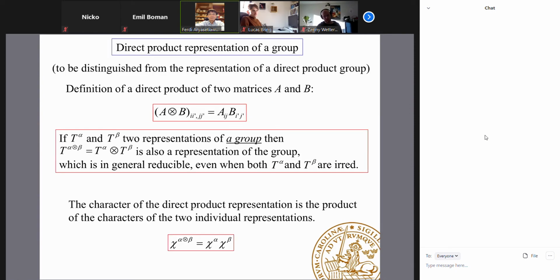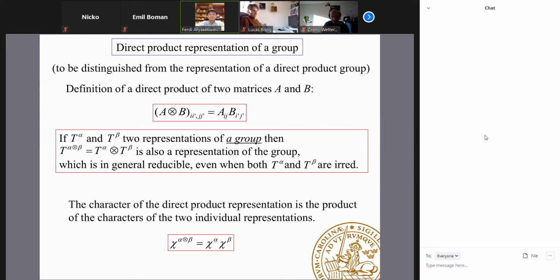So now, before we do the Wigner-Eckart theorem, we want to consider what is called the direct product representation of a group. We have to differentiate this from what we had before. Before, we had a representation of a direct product group.